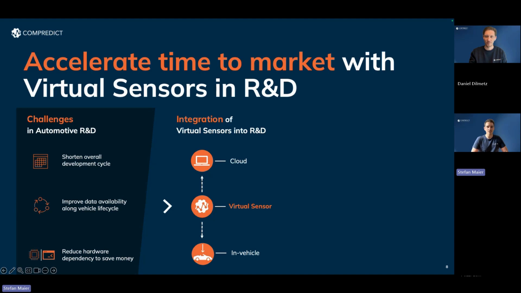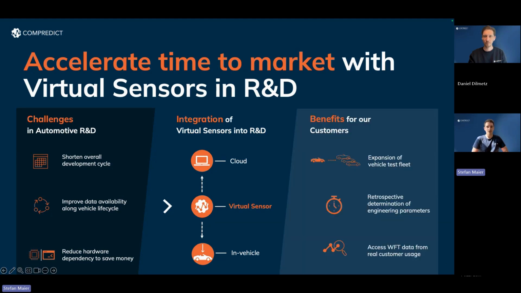Virtual sensors, as we said last time, are intelligent algorithms, completely AI-based and purely software-based, which means that you can easily deploy them via cloud, or you can even deploy them in your vehicles. And this has different benefits for our customers.